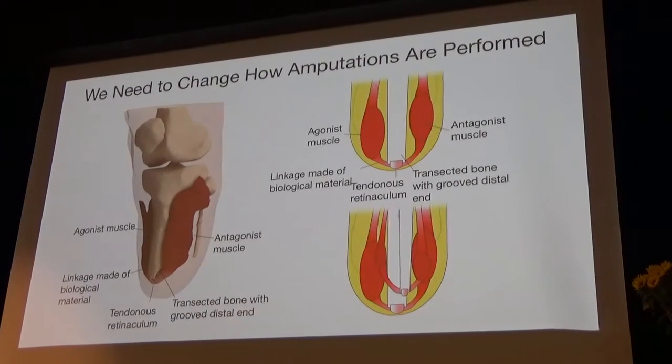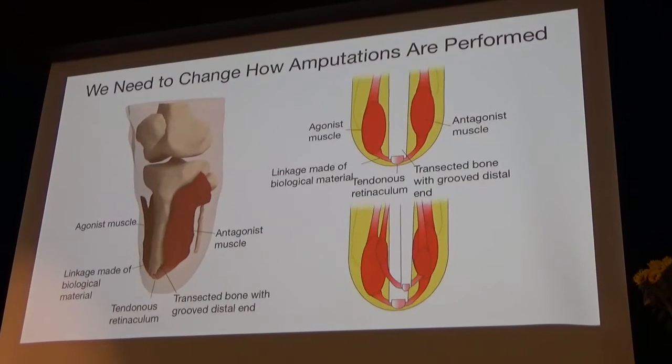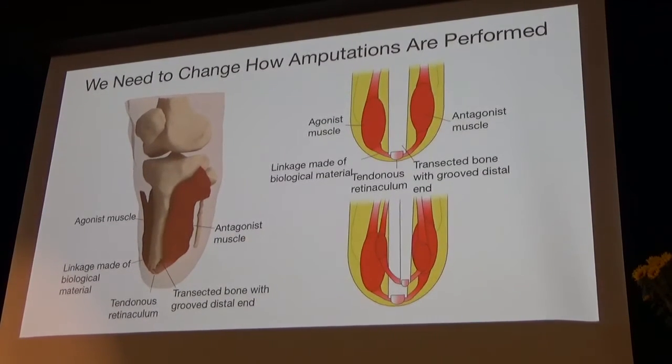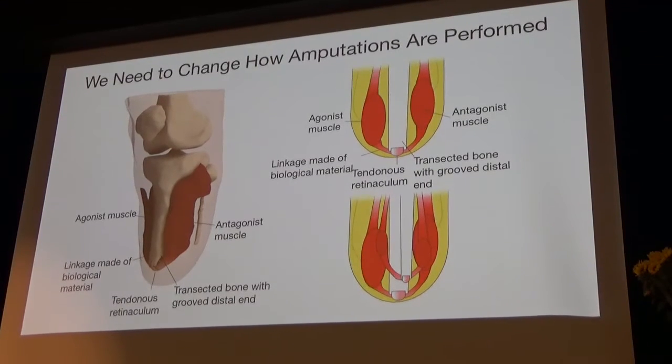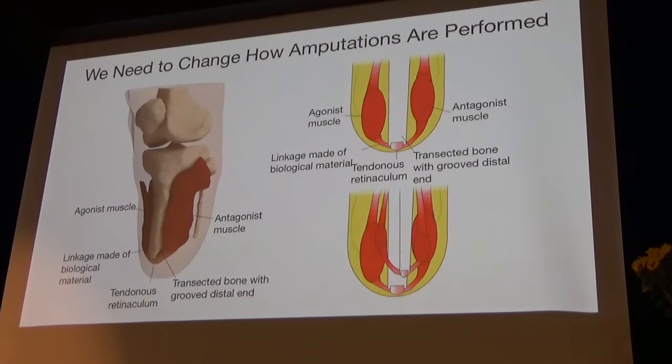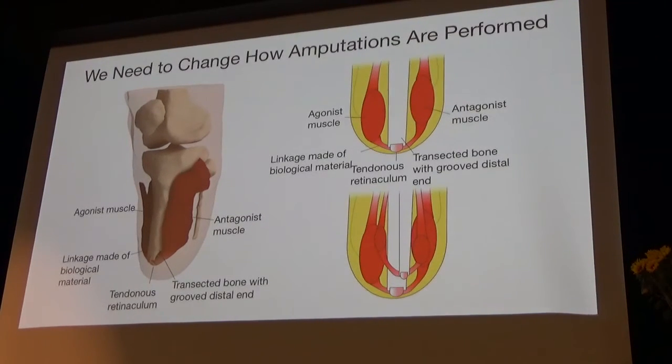Transtibially, you can link several muscle pairs to control the ankle, subtalar joint, and metatarsophalangeal joint. And we feel that by doing this, when the person moves their phantom foot ankle, they'll actually feel normal joint dynamics.